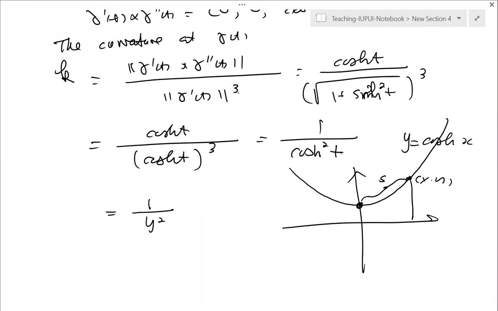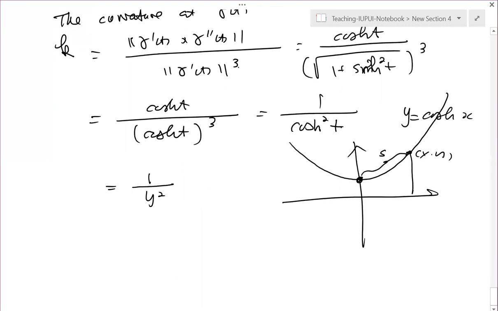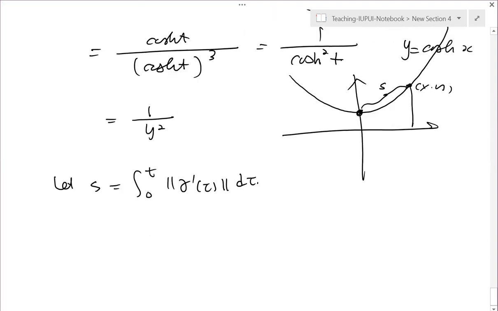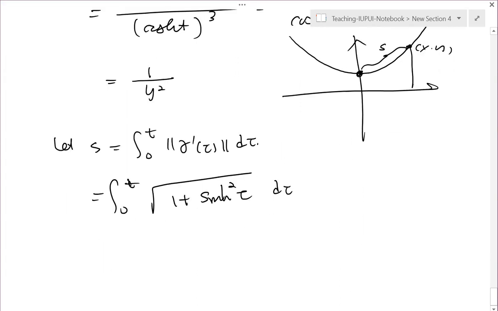Or we can use arc length. We let S be the integral from 0 to t of the square root of 1 plus hyperbolic sine squared, because we already found the derivative.